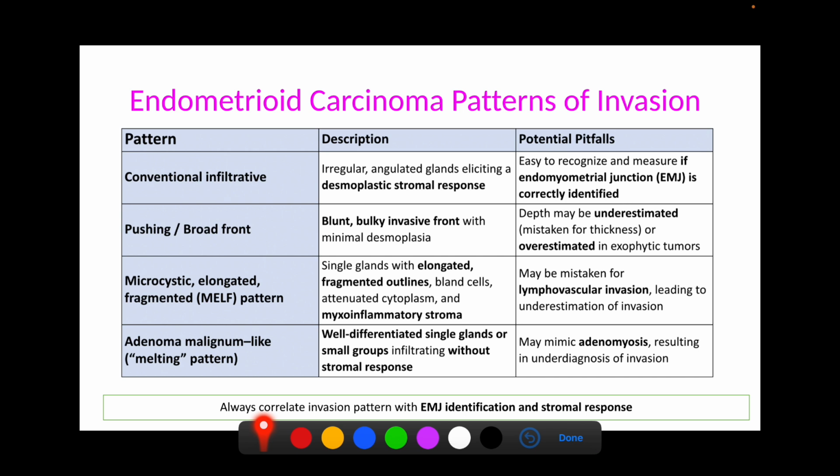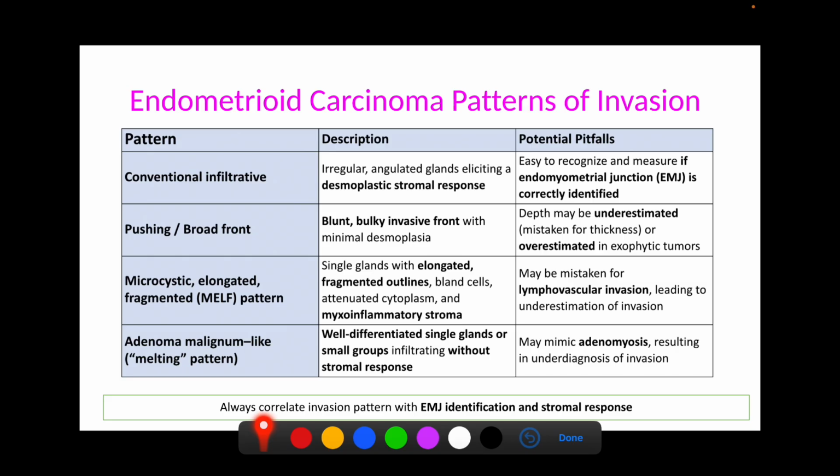Now, MELF pattern means, as the name suggests, microcystic, elongated and fragmented. So single glands either elongated or having fragmented outline, bland cells, and attenuated cytoplasm with myxoinflammatory stroma, which may be mistaken for lymphovascular invasion and lead to underestimation of invasion.